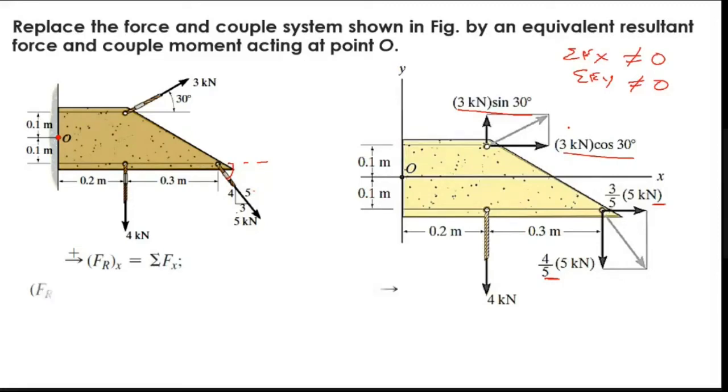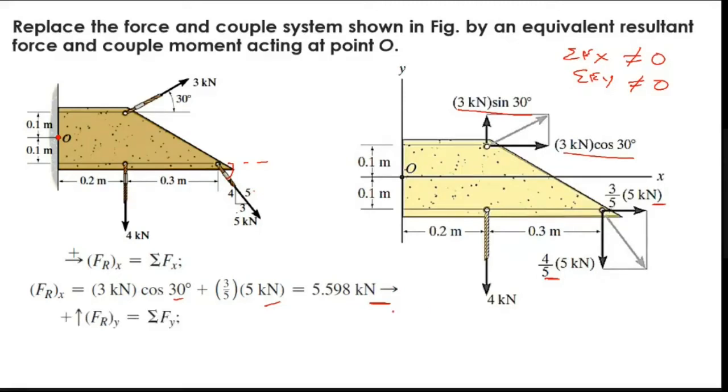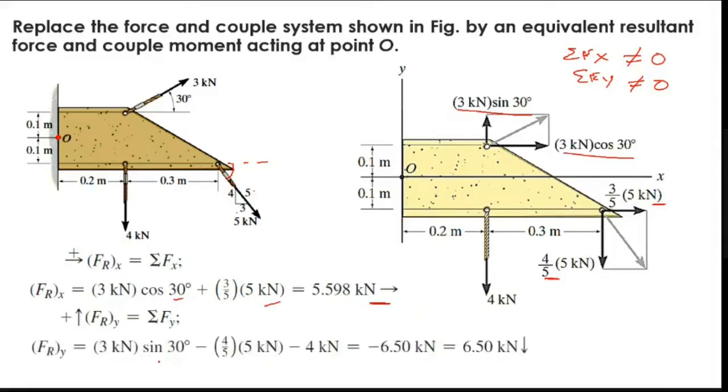So I will directly add it. 3 cos 30 and 3 by 5 into 5, so we get this one, towards the positive x-axis. Similarly, when I add all the y forces, 3 sin 30 and 4 by 5 into 5 are negative, 4 is also negative.